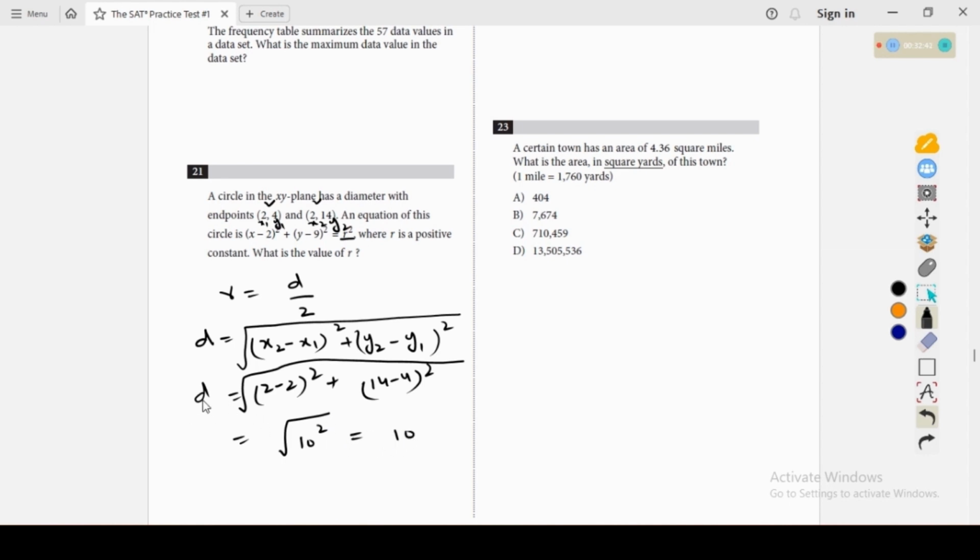So the value of d is 10 and r equals d by 2, that equals 10 by 2, that equals 5. So the radius of the circle is 5.